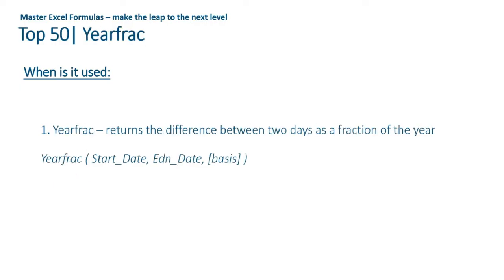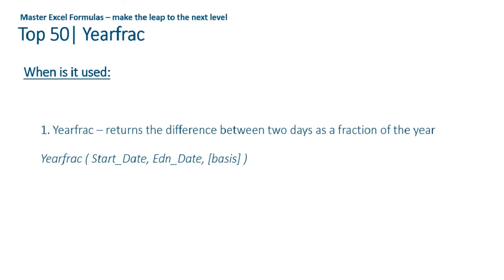The next formula is Yearfrac, and this formula is quite useful, and I personally really like it, because when I have to analyze big sets of data that have a lot of dates, sometimes I need to just get the percentage fraction between 2 days, for example based on a 360-day year.